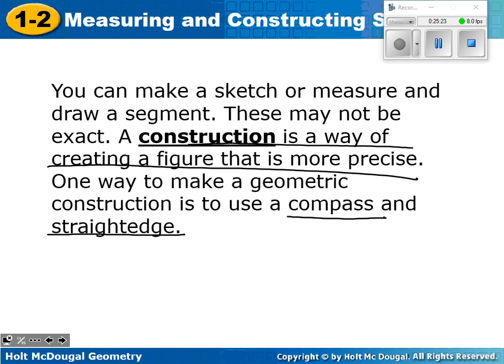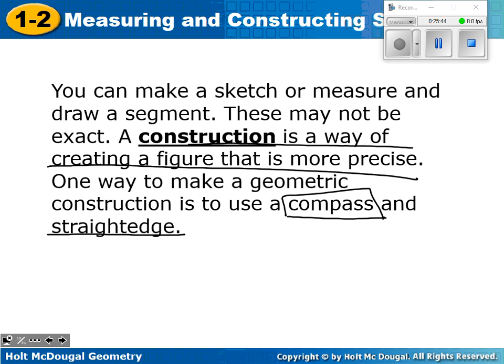Now I'm not going to go out and buy blank rulers that are actually called straight edges for our class, because that's just a waste of money. We're going to use a ruler just for the straight edge part, but a construction never measures things with the tick marks on your ruler. A construction does everything with the compass doing all of the measuring.